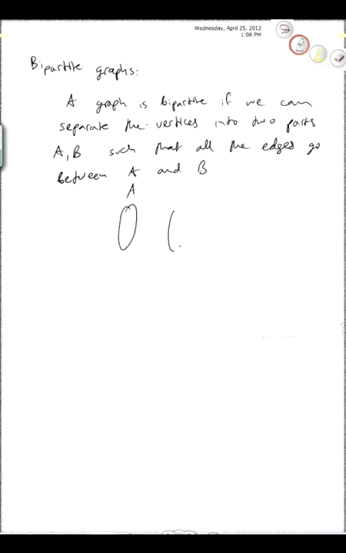Here is part A, here is part B. There would be some nodes in part A and some nodes in part B. But all of the edges go between these parts, and there are no edges inside of B and no edges inside of A.